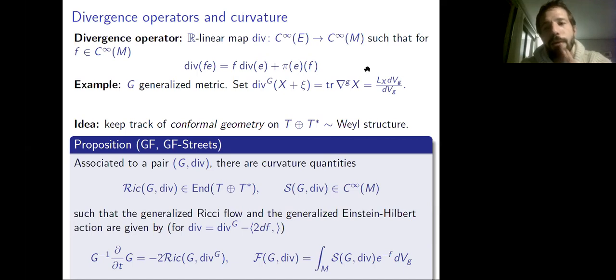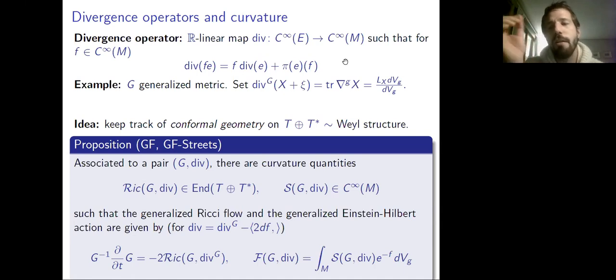The interesting thing about generalized geometry is that having a metric compatible torsion free connection, in the right sense, does not determine the connection uniquely. And one of the things that happens is that one needs to introduce a new ingredient, which is a divergence operator. Once you fix this divergence operator, then you are able to introduce these curvature quantities. So what is a divergence operator?